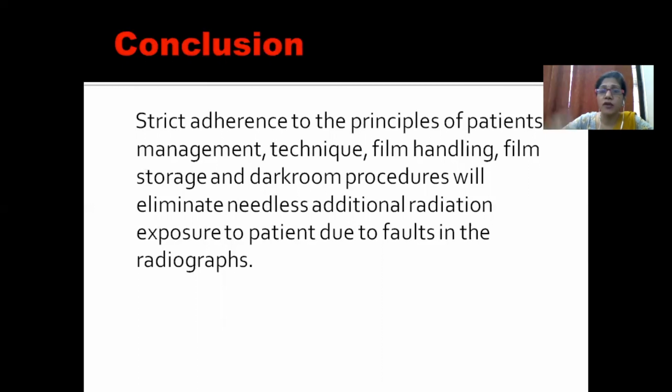If we go and check all these parameters, we may have a radiograph without any faults. But again, the faults are important to know. If you know the different faults and why they occur, only then can we rectify these faults and get the ideal radiograph.